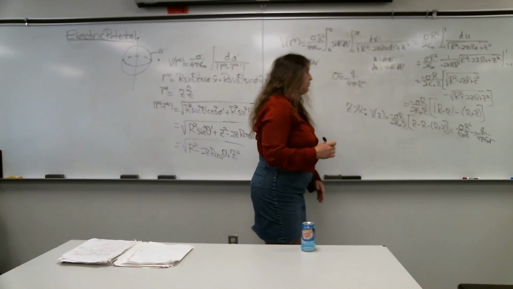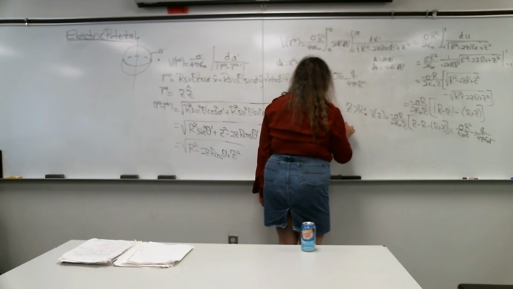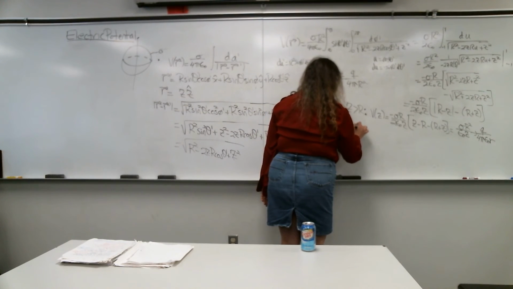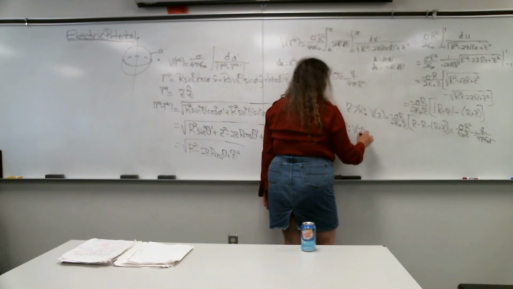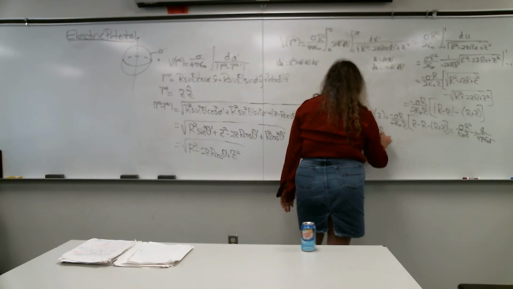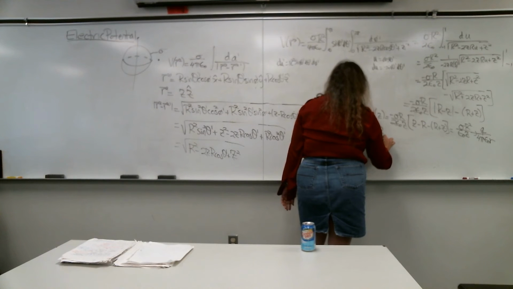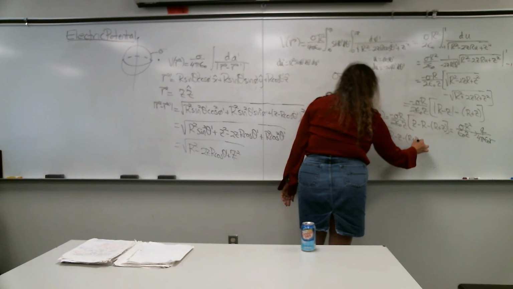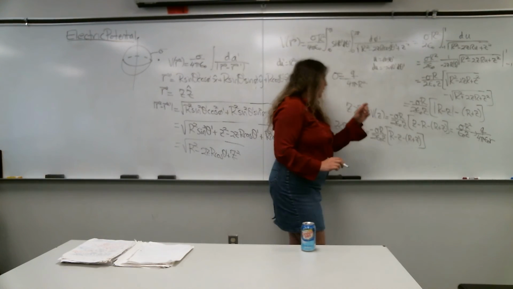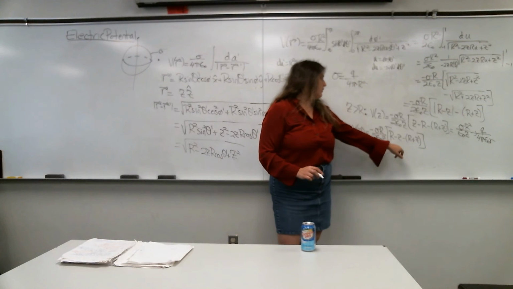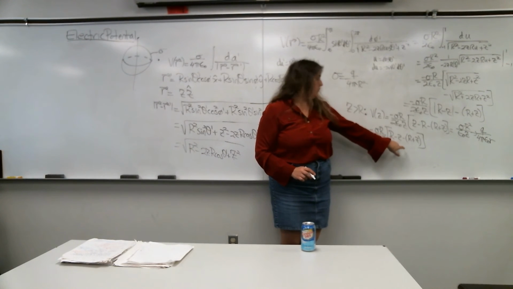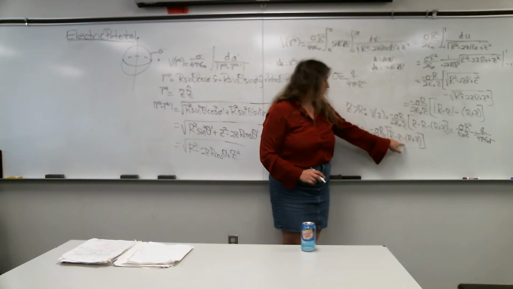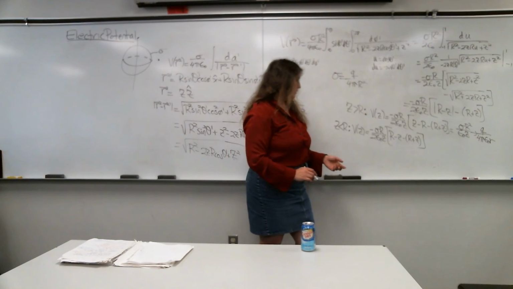Now, in the interior region, r is greater than z, so my absolute value becomes r minus z in this case. So it's the r's that cancel out this time.